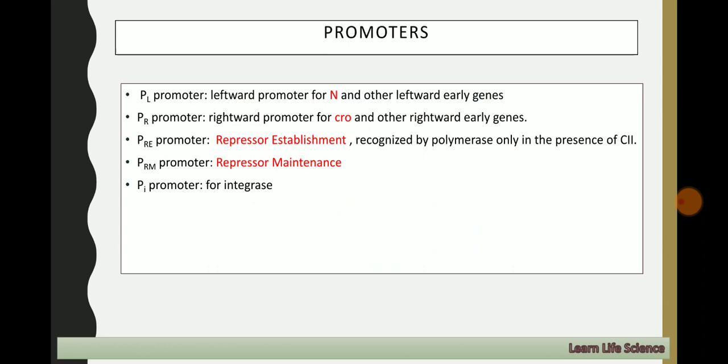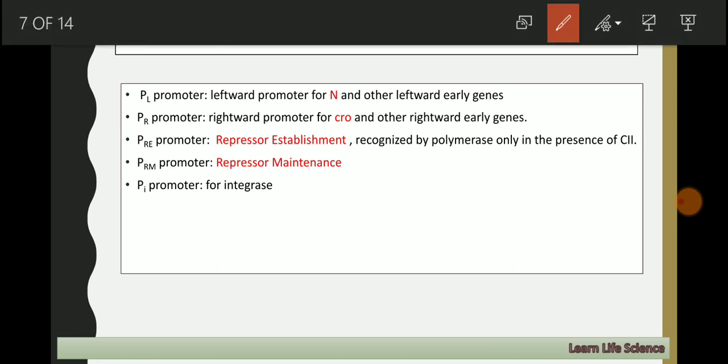Third one is PRE promoter, that is repressor establishment. Repressor establishment by the name indicates that it is involved in the establishment, means the first synthesis of C1 repressor is going to initiate from PRE promoter. And the important thing that underlines here is the PRE promoter is recognized by RNA polymerase only when there is presence of activator C2.